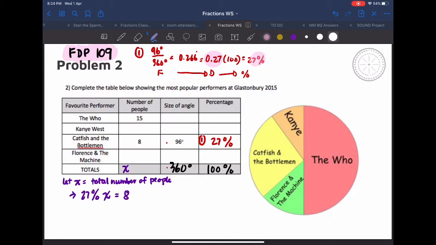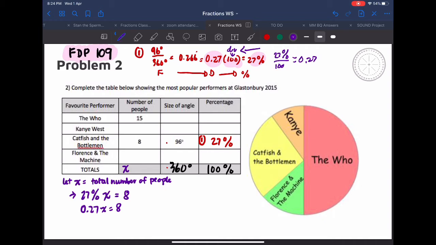decimal to percent, we multiplied by 100. So if we want to go percent back to decimal, what do you do? You divide by 100. So 27% divided by 100 equals 0.27. Now we can multiply.